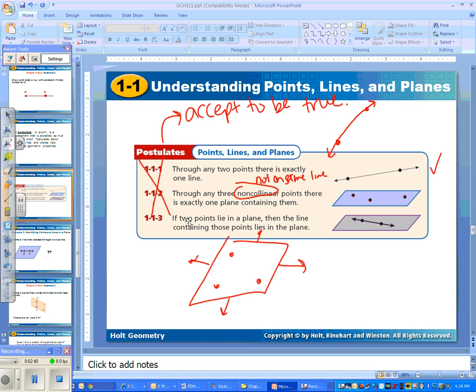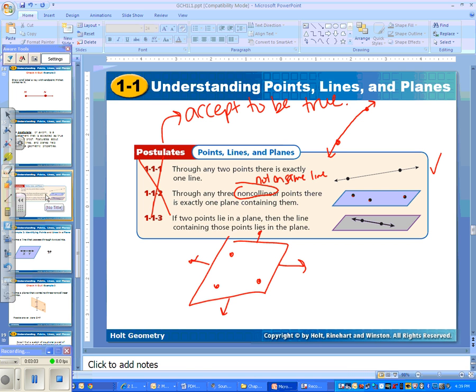Okay. And then the third one is if 2 points lie in a plane, then the line containing those 2 points lies in the plane. Okay, let's give this an example. Go ahead and take your pencil or whatever writing utensil you have and lay it down on your plane, and that plane will be your desk. So lay your pencil or your pen down on your desk. Is your pencil on your desk?